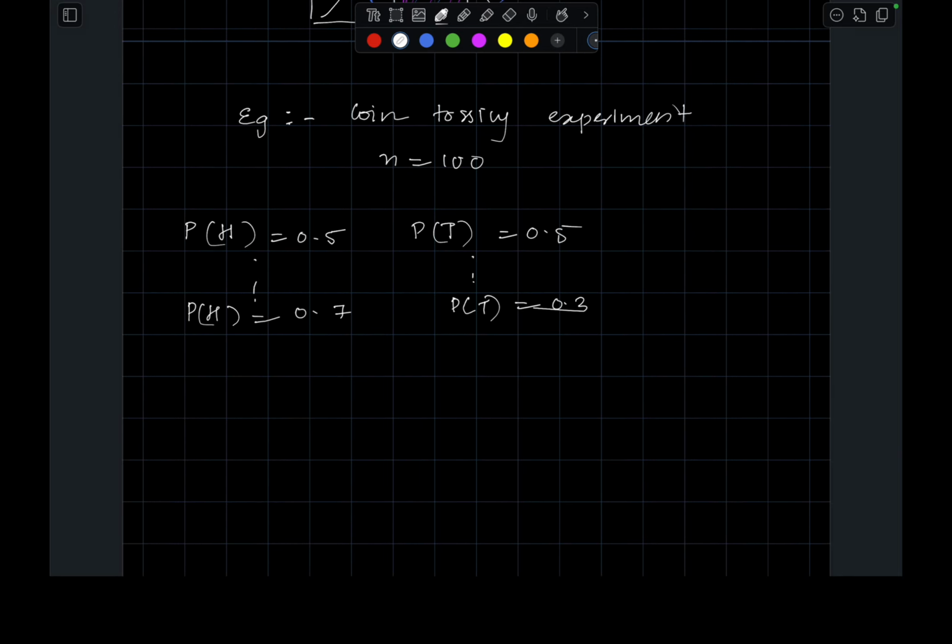And we are considering a null hypothesis here, which is that the coin is fair. And what will be our alternate hypothesis? Just the opposite, which says that the coin is not fair.